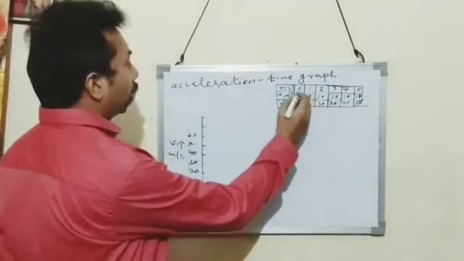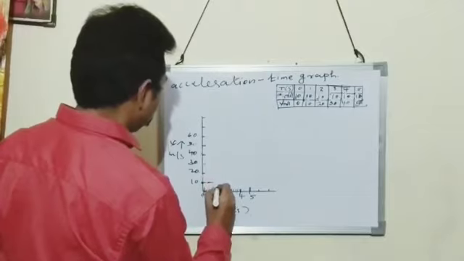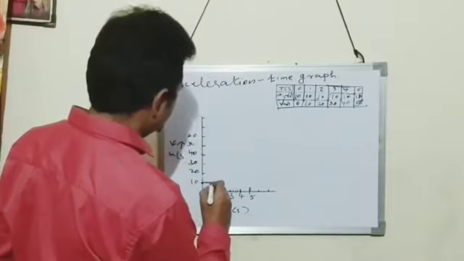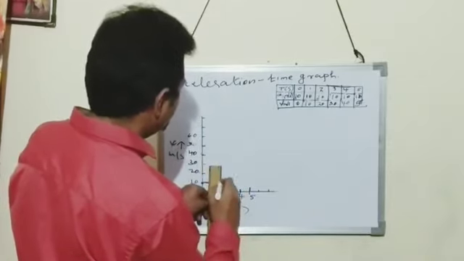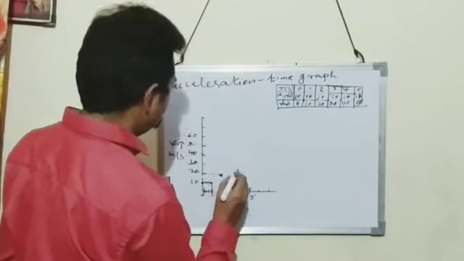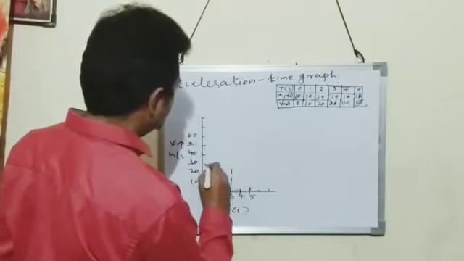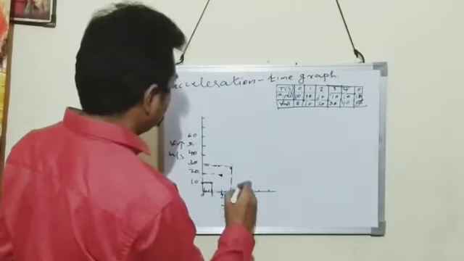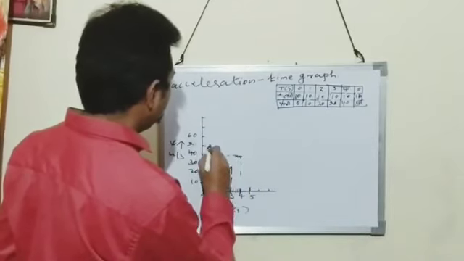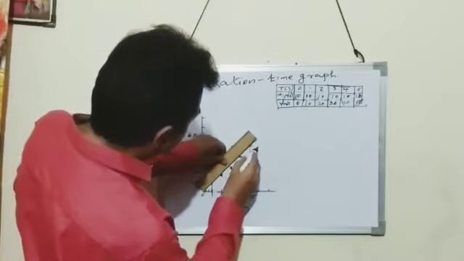So you can see at 0 velocity is 0, then after 1 it is 10, then at 2 it is 20. At 3 it is 30. At 4 it is 40. At 5 it is 50. Then on joining these points you will get a graph.